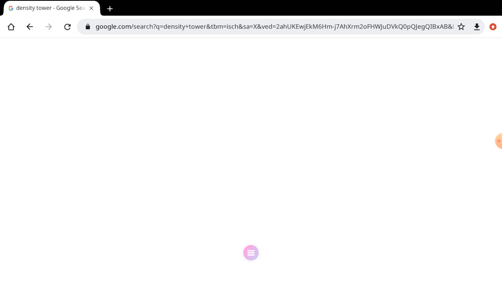Oh, here we go. There's my little bubble. Let's see if a density tower pops up. It doesn't even show that it's loading.